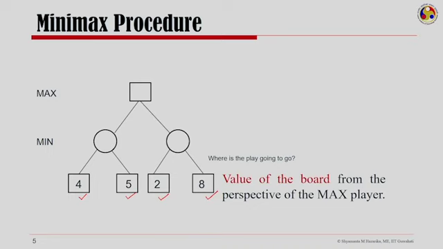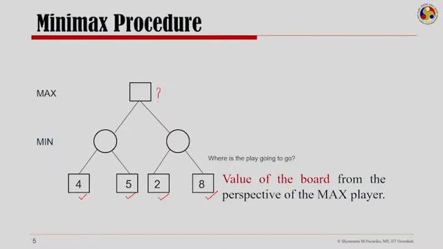Now, which of the two choices does this max player make? If you look at the game tree, it's not very obvious at first look. But if you look closely and try to see what Min could do best, knowing the values of the leaf nodes, which are actually the max leaf nodes.